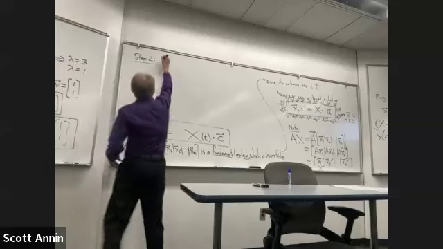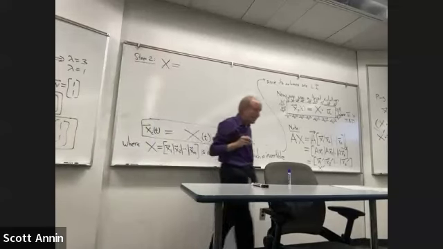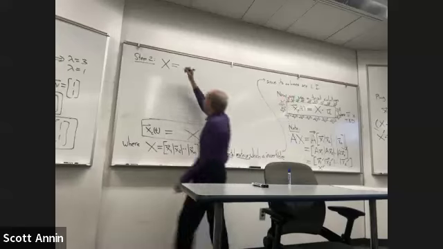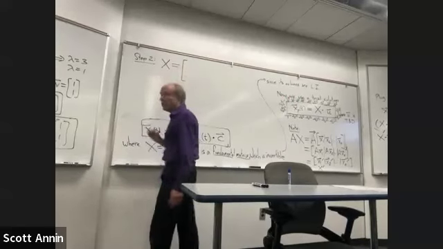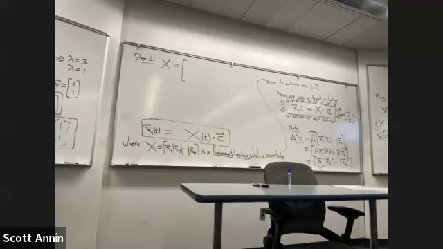The fundamental matrix, you're going to see me draw it as a giant big capital X. That is a matrix whose first column is the first solution over here. Now, let me just be clear about this. The e to the 3t actually is a scalar that can be put inside the column of that vector.